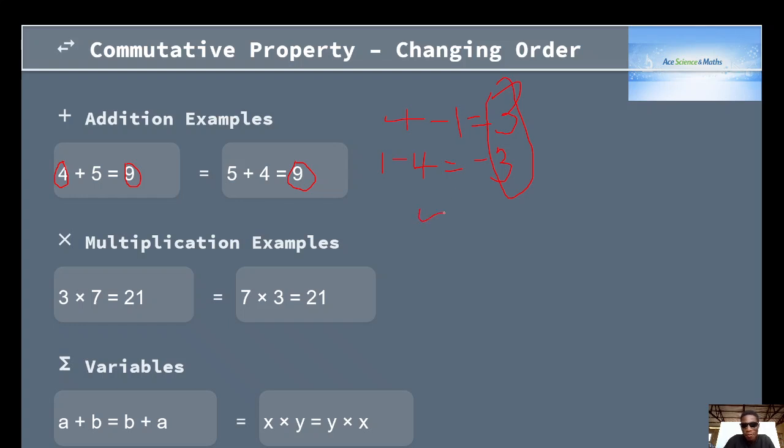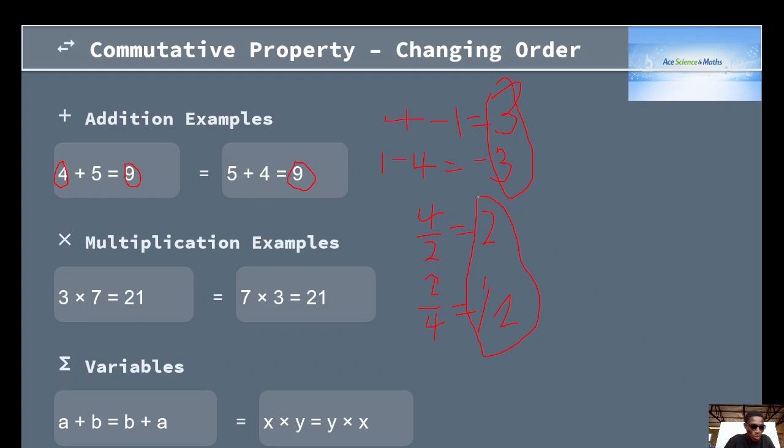The same way when you have 4 divided by 2, it gives us 2. But when you have 2 divided by 4, it gives us 1 over 2. So you realize that we have 2 different answers here. This means division and subtraction are not commutative.